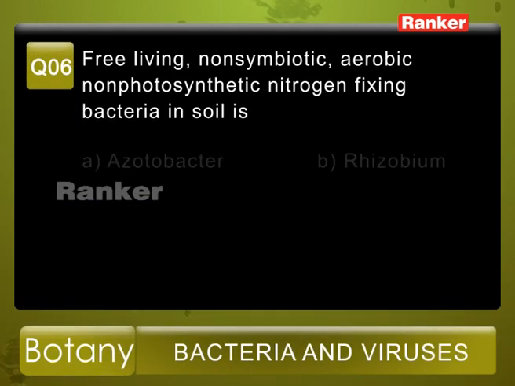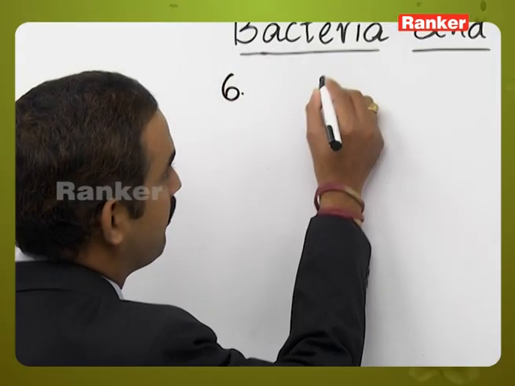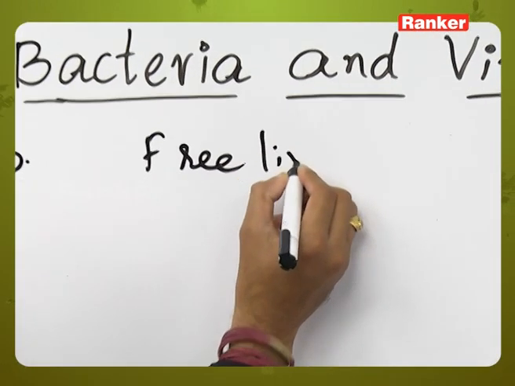Question number 6. Free living, non-symbiotic, aerobic, non-photosynthetic, nitrogen fixing bacteria in soil is. The given options are A. Azotobacter, B. Rhizobium, C. Clostridium, and D. Anabaena. So here the bacteria should be a free living one.